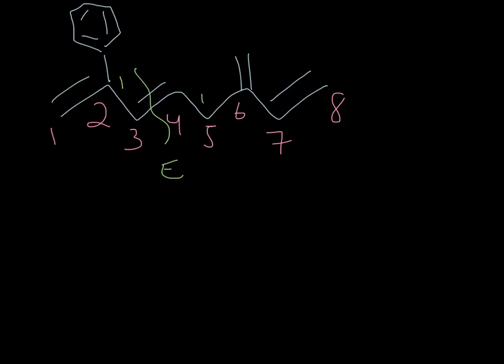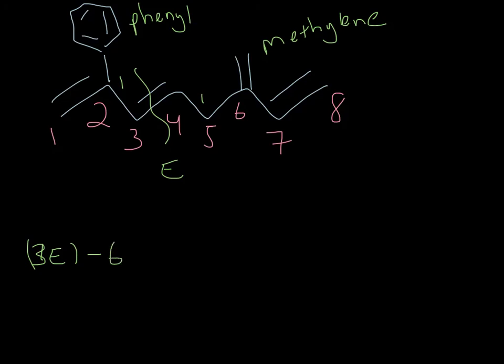As a substituent, here I have a phenyl group, and here I have that methylene group. So out front, I'm going to have 3E, so I give it the lower number. And then I'm going to have my substituents in alphabetical order, so L, M, N, O, P. M is going to come first.